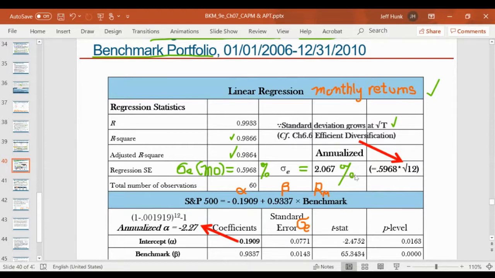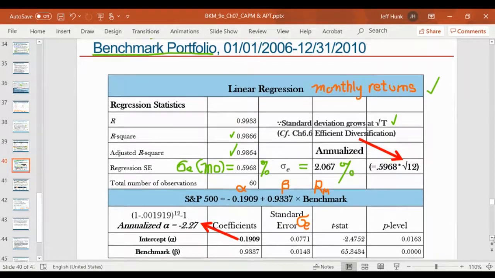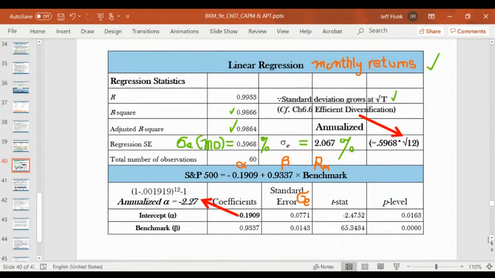So how do you know if it is large or small? That's why we will talk about this further in the following slides, but for now, it seems okay.